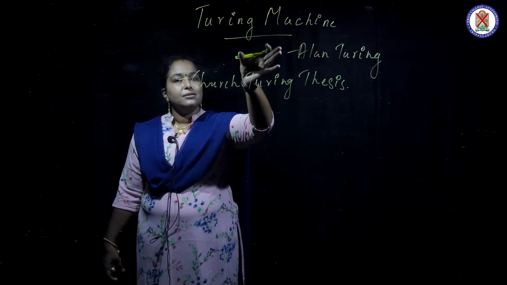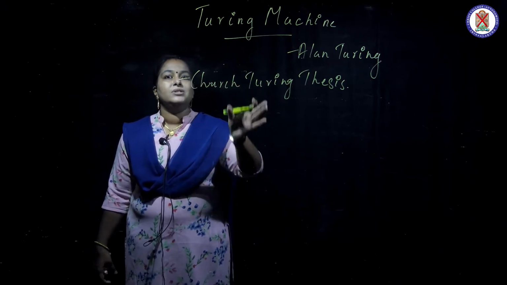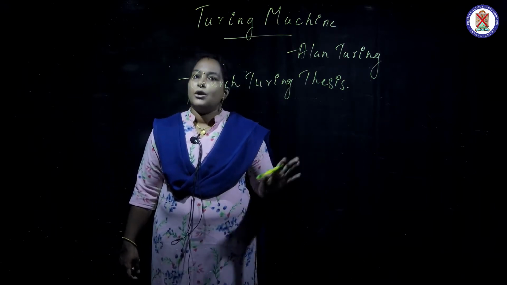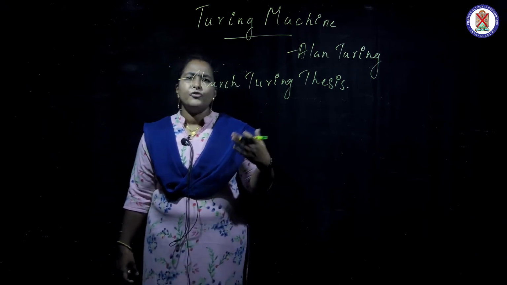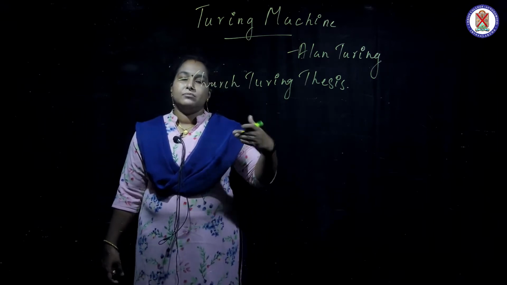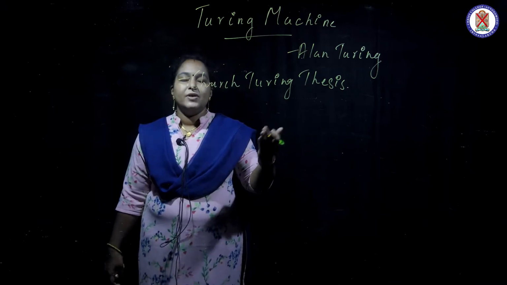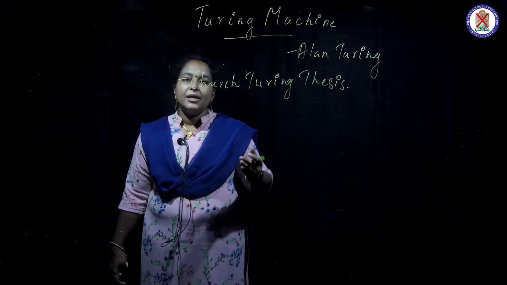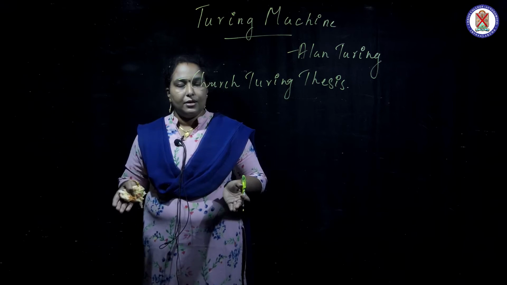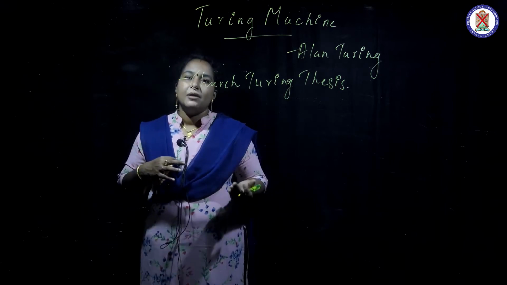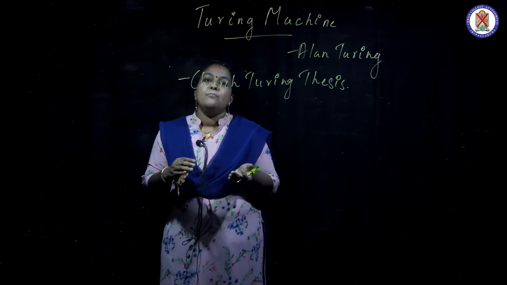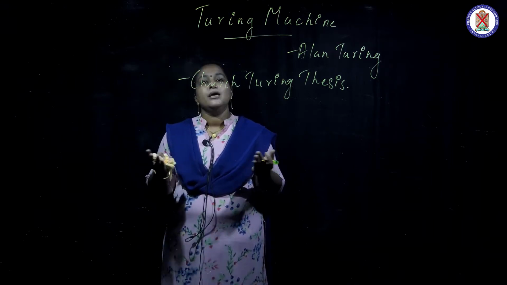If we think that a Turing machine can't do it, then a computer also can't do it. Okay, that is the concept about the Turing machine. I will always say that everything that a DFA or PDA does can also be done by a Turing machine, plus some more tasks that can be done by a Turing machine.